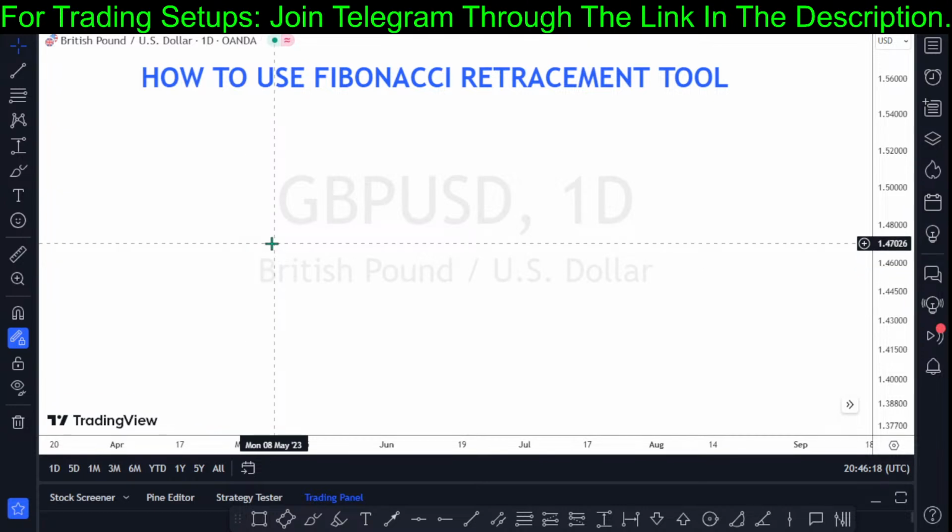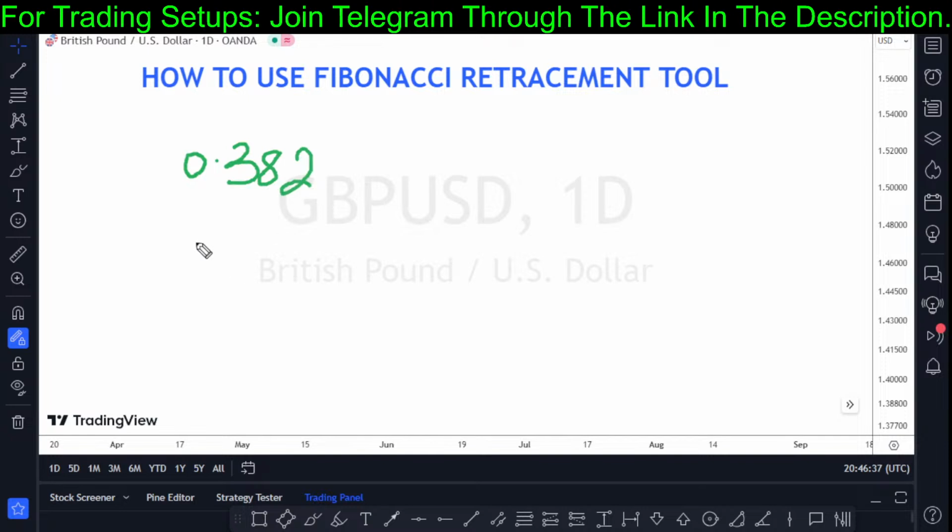First, before we get into using the Fibonacci retracement tool, let me put down the levels you need to look out for trade opportunities. If you are using the value scale, we have the 0.382.